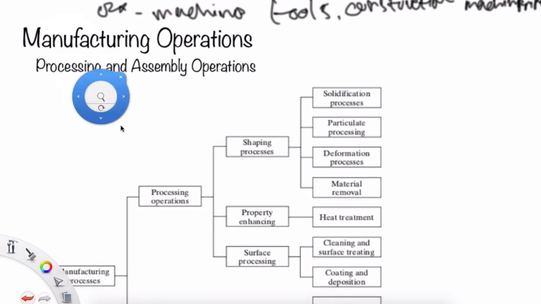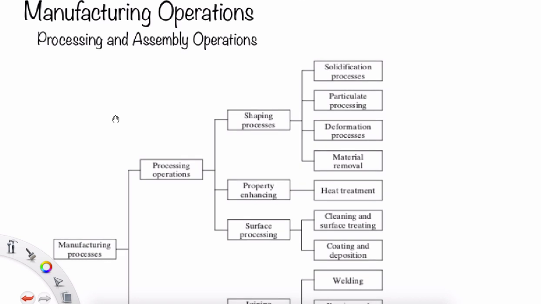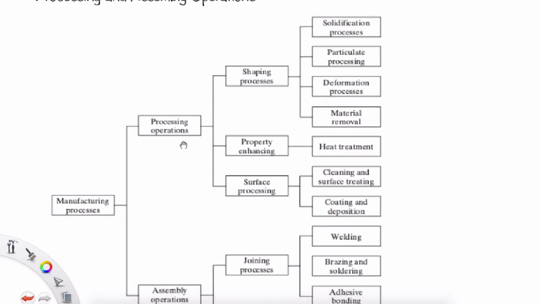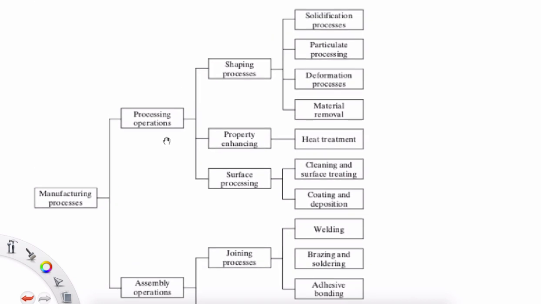Next, we want to know the simple terms of each. We'll talk about the manufacturing operations, the processing and assembly operations, because actually we have four kinds of manufacturing operations, and the first one is the processing and assembly operation.